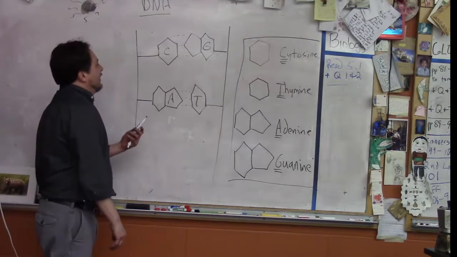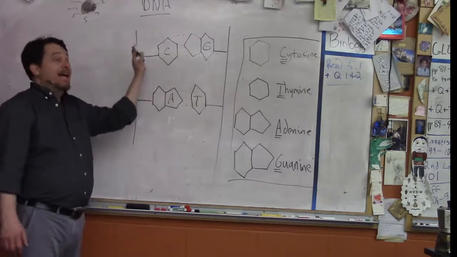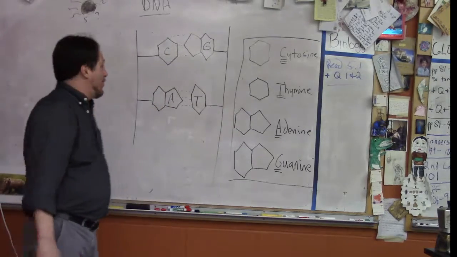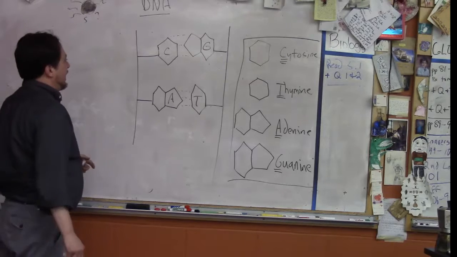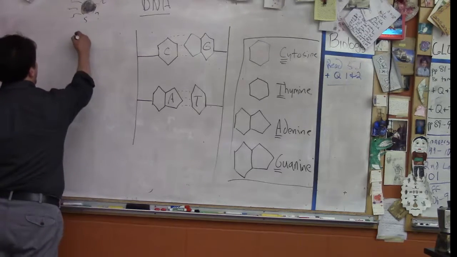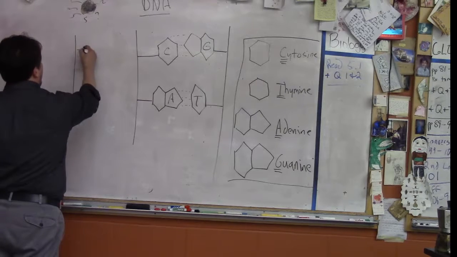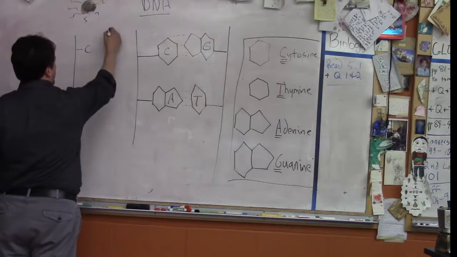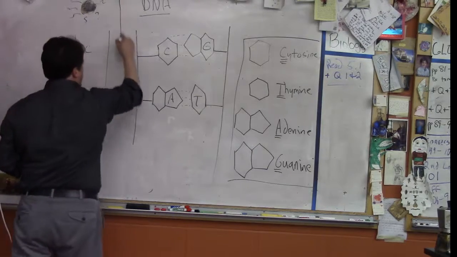Anyway, A and T always match each other, C and G always match each other. That turns out to be very important. This is what happens if I had C here, and A here, and this is also separate.